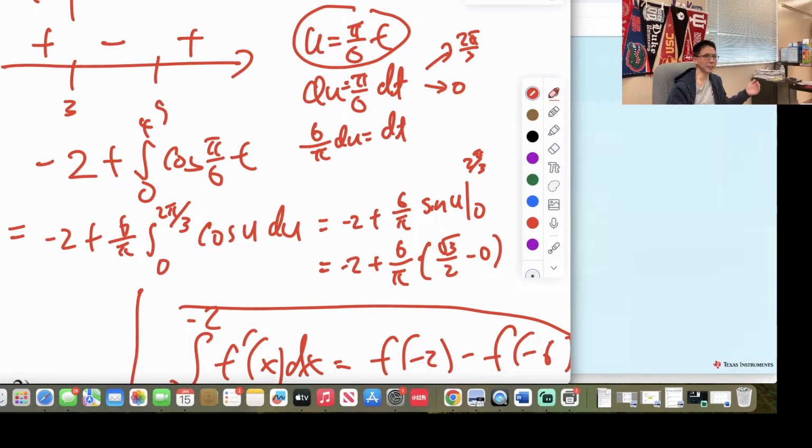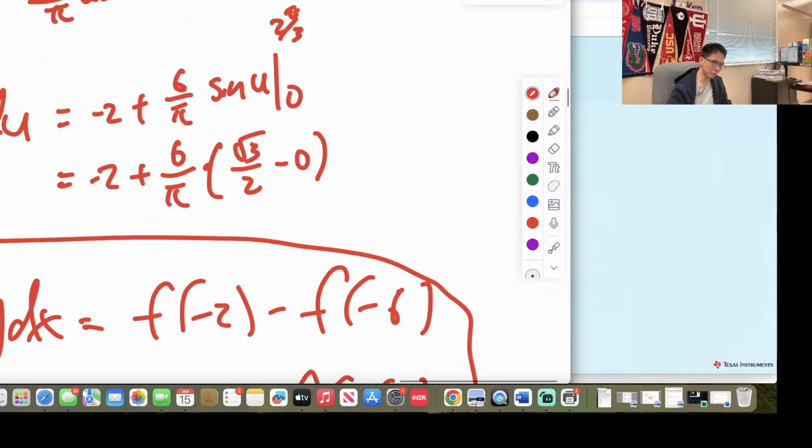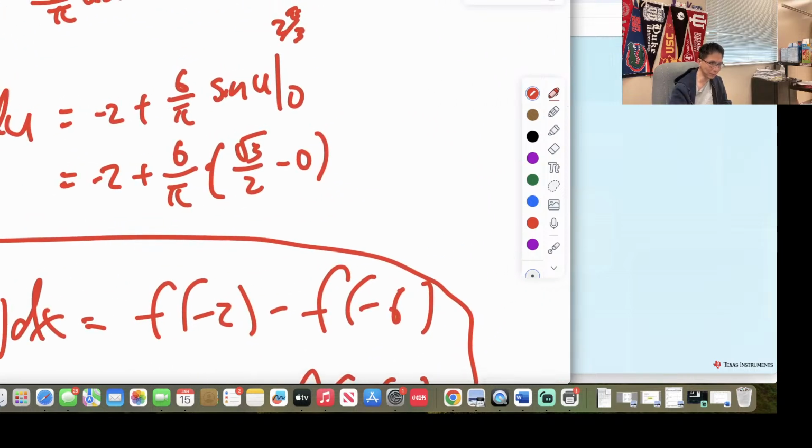No, you need a -2 plus the distance traveled between 0 and 2 pi over 3. I'm saying even though I didn't use any boundaries, plus C was -2. I don't know if that's a coincidence. It should be fine, because if you distribute it, you get root 3 over pi minus 2.